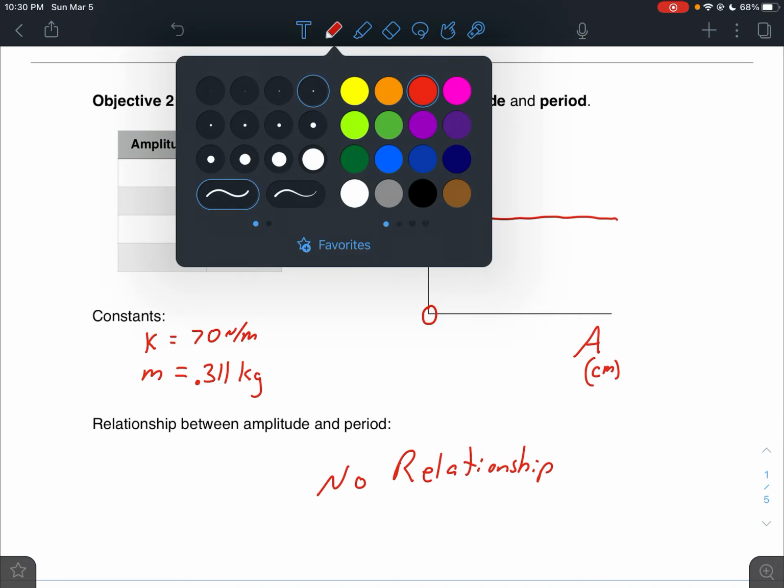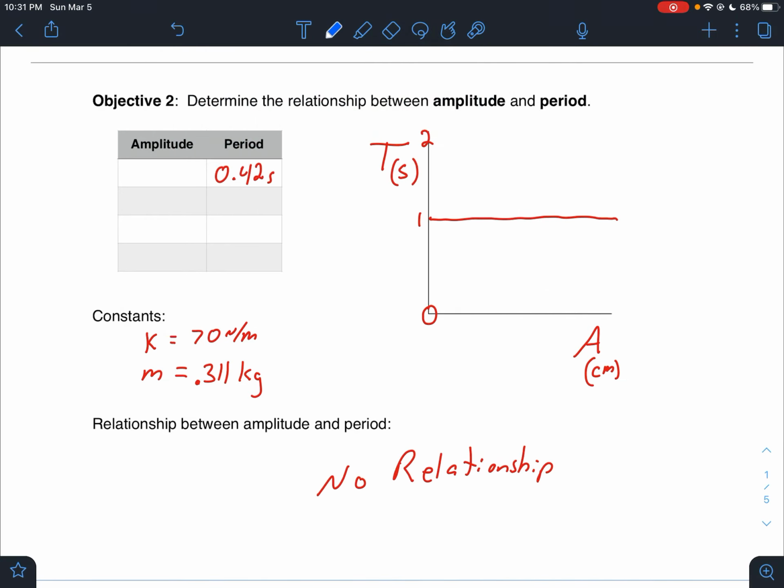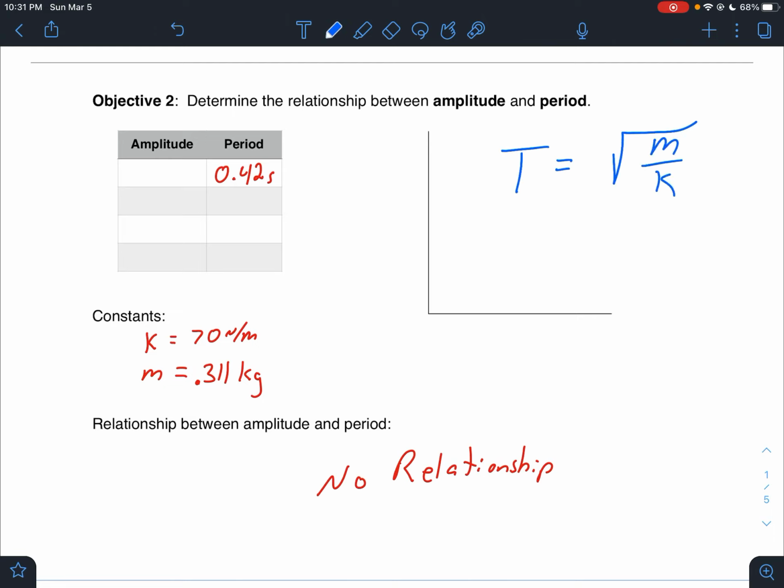So we don't know if this is true yet. And I'm just going to erase some of our graph here so I have some space. So we're trying to see if we could say this. We don't know if this is true yet. So we have a period here of 0.42 seconds, and I just made up these numbers. And I take the square root of my mass.